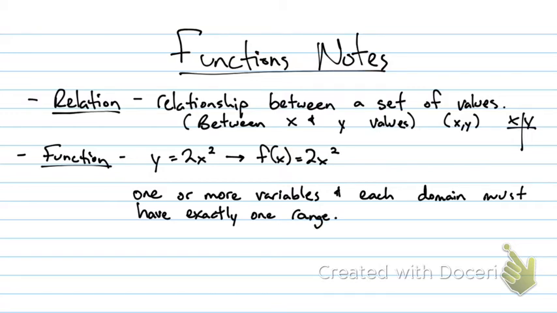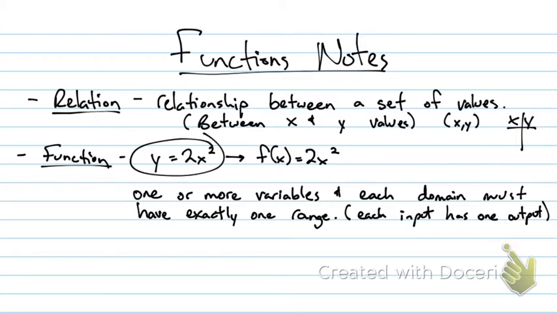And we're going to define domain and range. I know those are newish words, okay? In layman's terms or like simpler words, each input has one output.